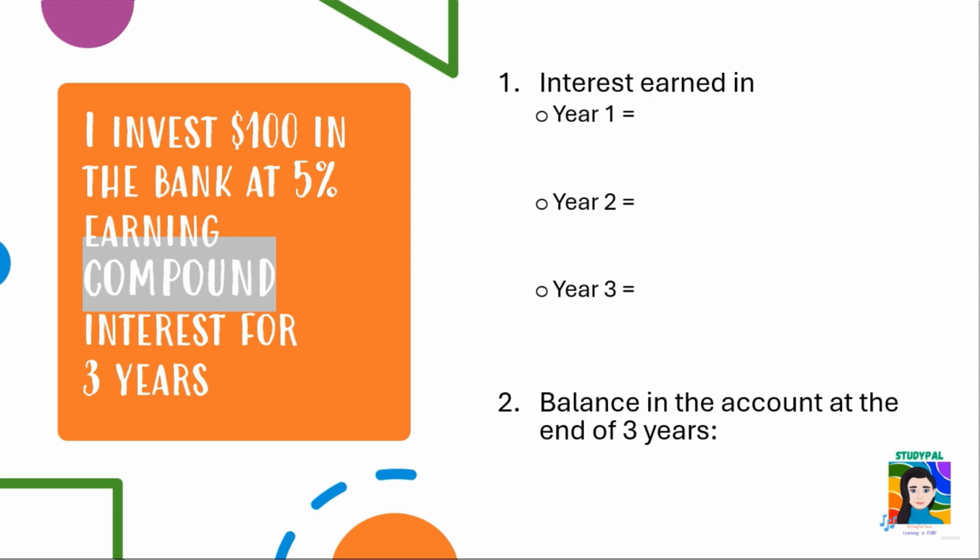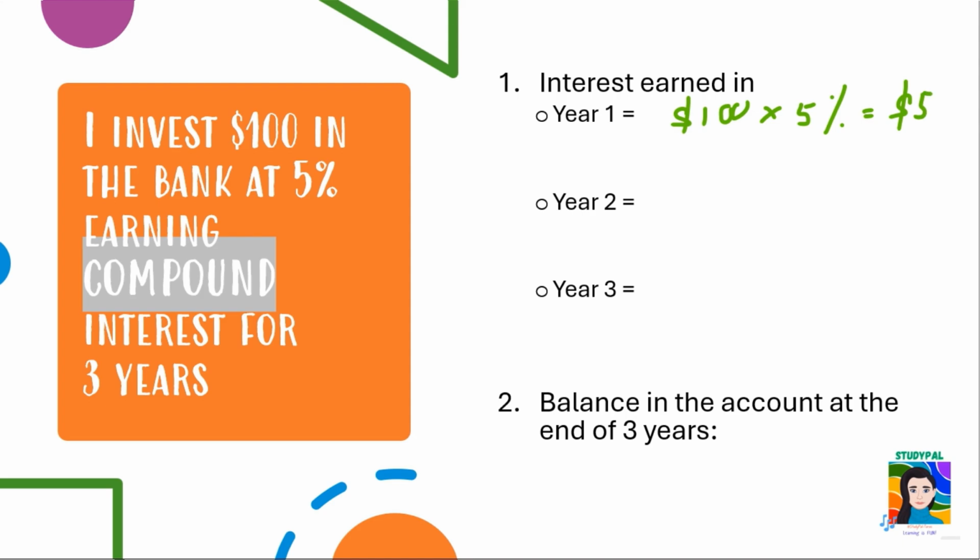Because it's simply, remember, the accumulated amount times the rate. So the accumulated amount is 100 because it's the first year. So the accumulated amount is the principal amount. So $100 times 5%, which will be $5.